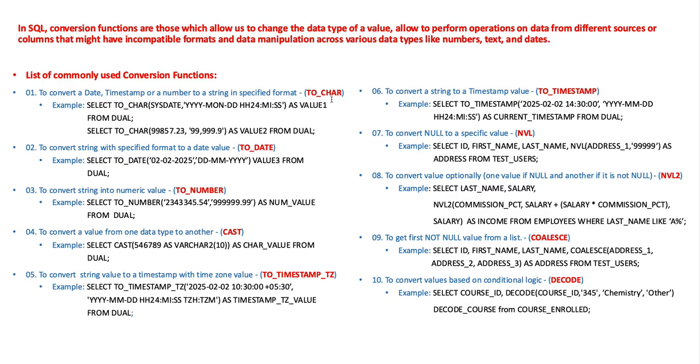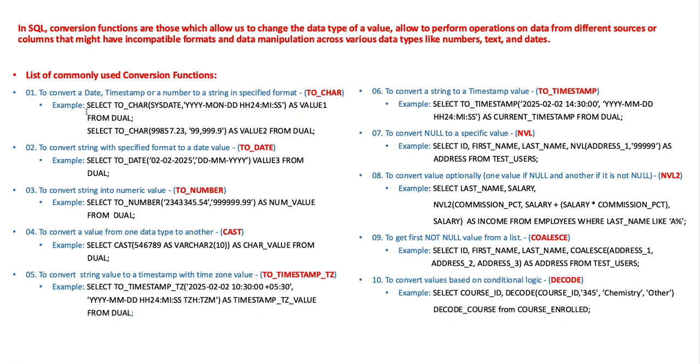First one is to_char. To convert a date, timestamp, or number to a string in a specified format, we use the to_char function. We have given an example here. I will run those examples after completing this slide and observe the result.